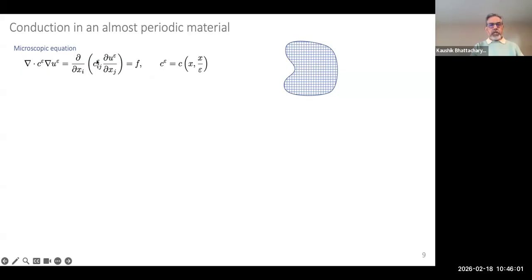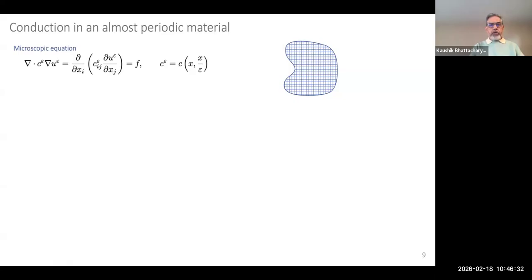This is C times du dx. If you think of u as the electrostatic potential, du dx is going to be the electric field, so this is basically the current. The divergence of the current is whatever source you have. So that's your equation.